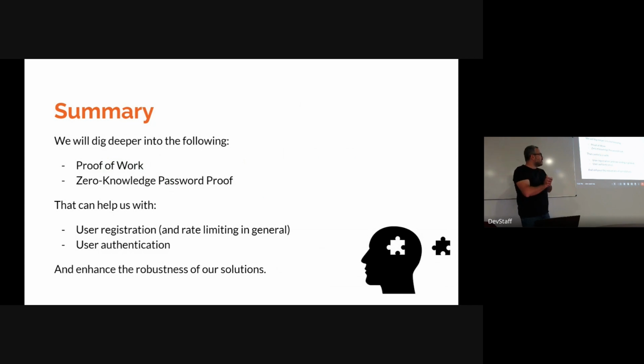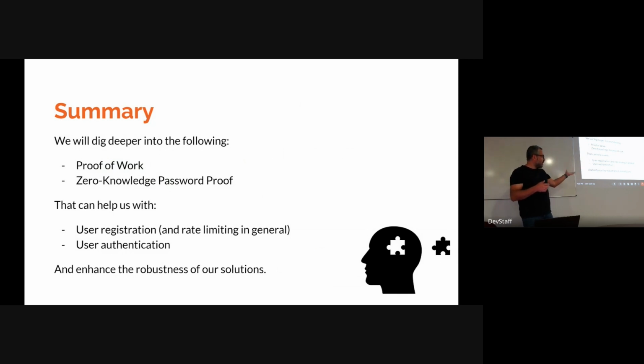And the second is zero knowledge password proofs. These are authentication mechanisms where you don't present the password to the other side, and you just prove that you know it. And those two will help us with the user registration, because on the first side, no password travels to the other side.